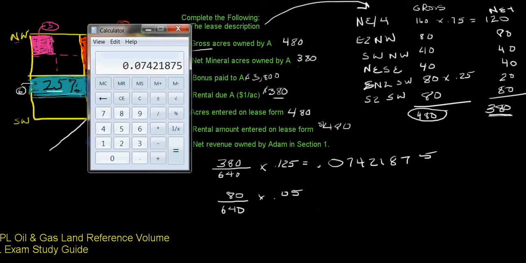Okay, so let's look at what that calculation would be. And it's 80 acres divided by total unit acres times the actual royalty interest owned, which is 0.05. So that interest is an additional 0.006625 interest that A owns.